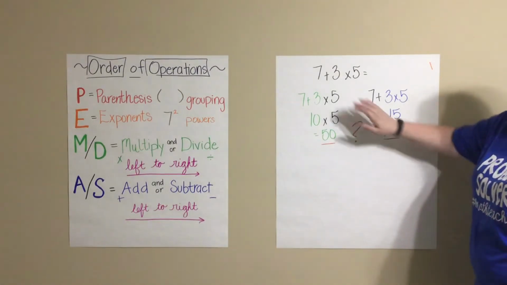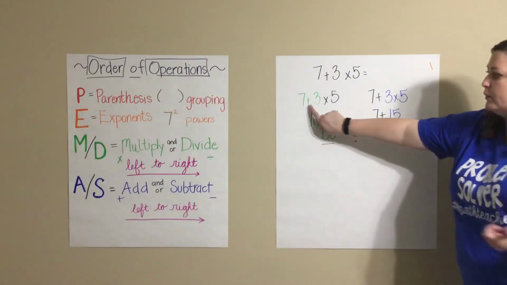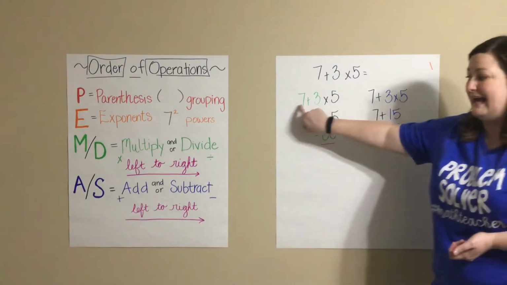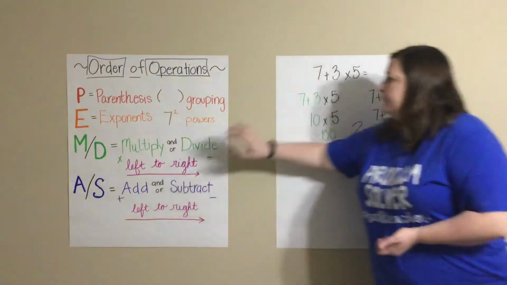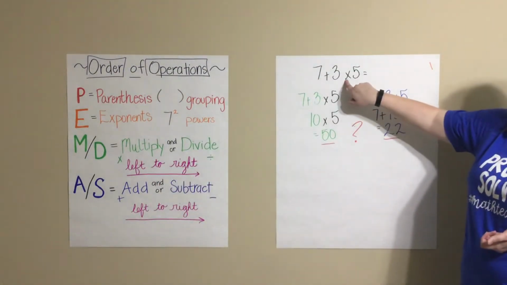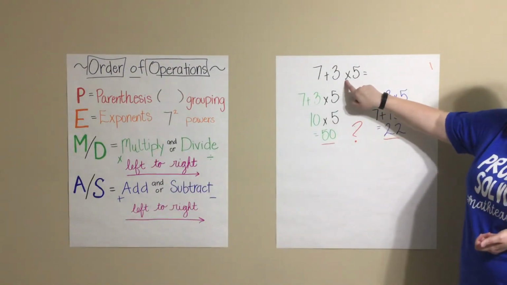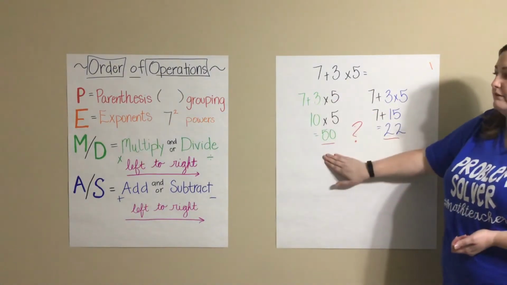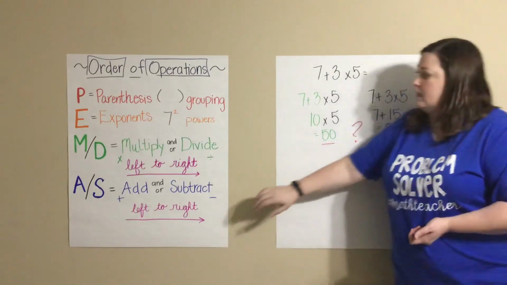So if I do it this way, which operation did I do first? Well, we added first. But wait a second, we had a multiplication operation in here too. So that's not going to be right. I did not follow order of operations. So let's come over here.